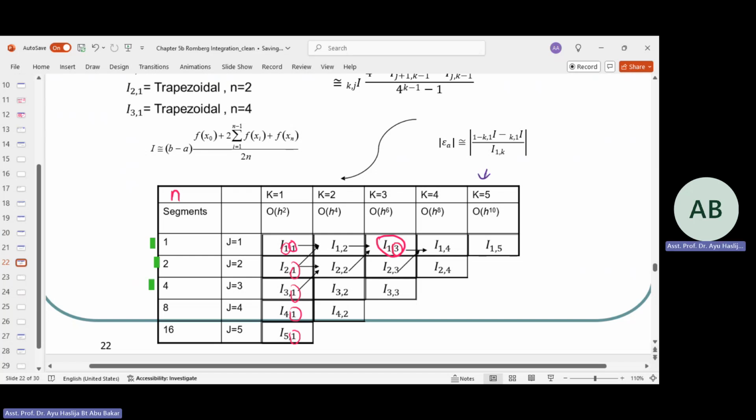So level 3, O(h^6). Okay, so I(1,3), first estimation of level 3. Level 2, okay. The back side is representing the level order.